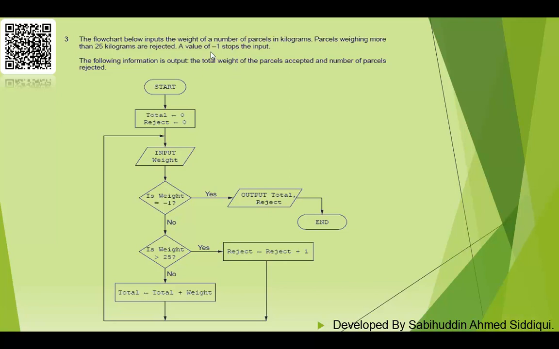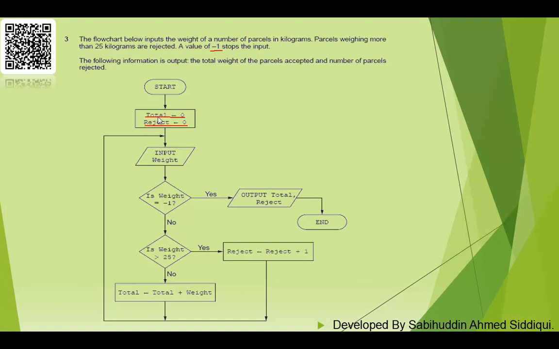Now, as I have told you before, -1 is known as the terminate value, and this is a rogue value. The following information is output: the total weight of the parcels accepted and the number of parcels rejected. Go through the flowchart first. You have declared total as 0, then reject as 0. Now why have you written them in a process box?